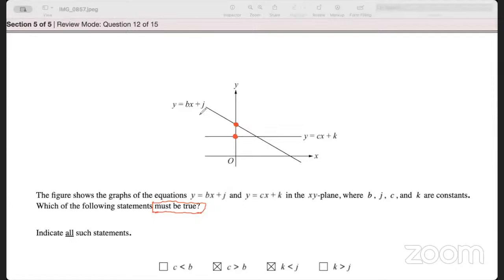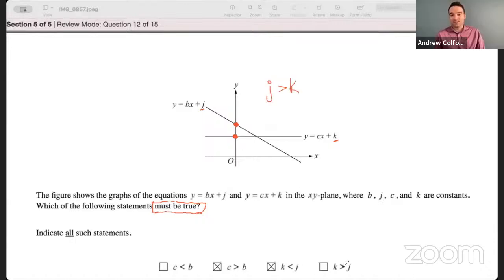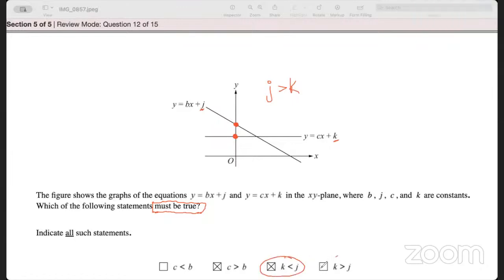And what term in this expression is the y-intercept? That's going to be j. Right. And then k, of course, is the y-intercept for this other one. So we know that j needs to be greater than k. Yes, indeed. And so that one is in for sure, and this one is out.